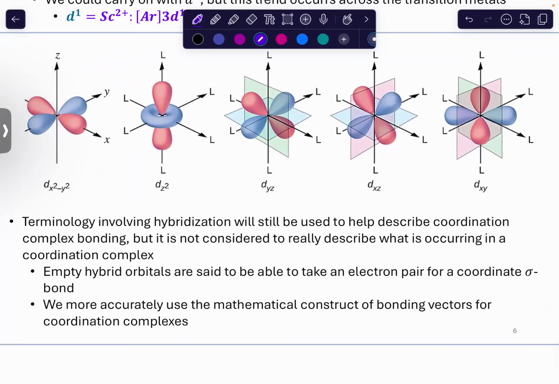Now, we're still going to be using terminology involving hybridization, but we're getting to a point where the whole hybridization scheme starts to break down. In your coordination complexes, you'll still read articles and hear people talk about an empty hybrid orbital available to receive the coordination bond from a ligand, so on and so forth.